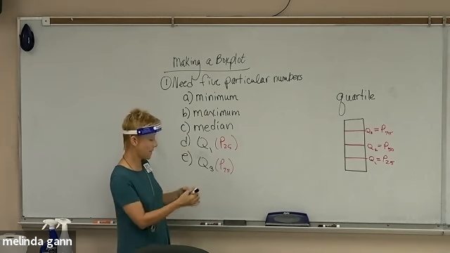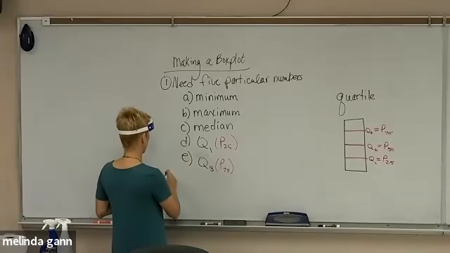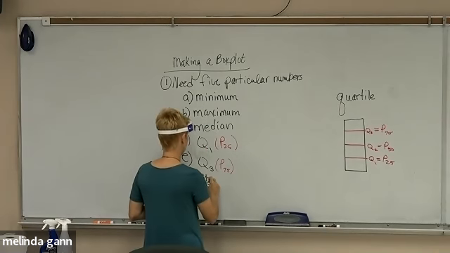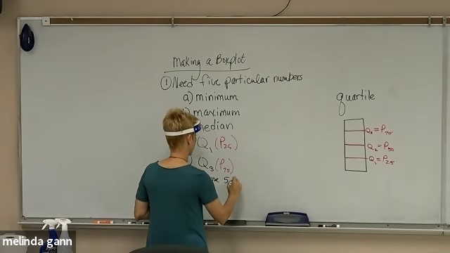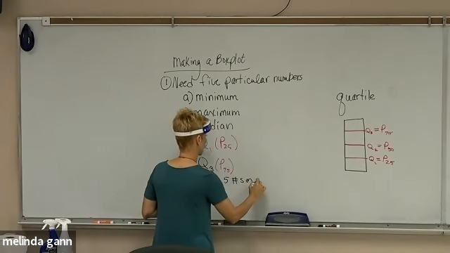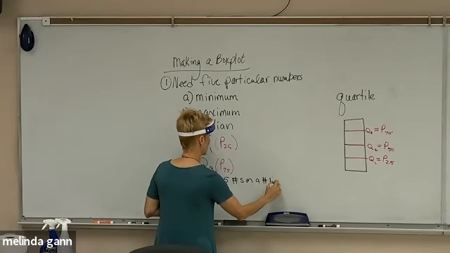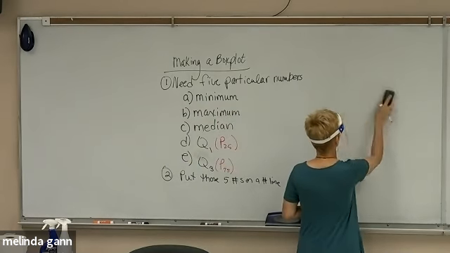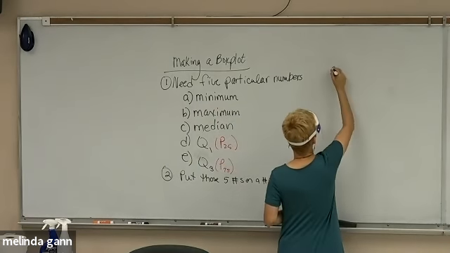Now, what's going to happen next is this. The second thing you're going to do is you're going to put those values, those 5 numbers on the number line. All right, you're going to put those 5 numbers on the number line. All right.